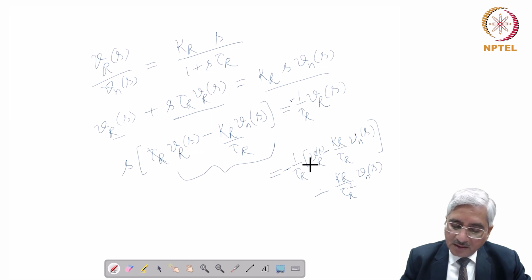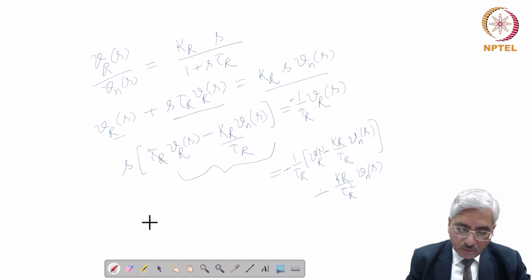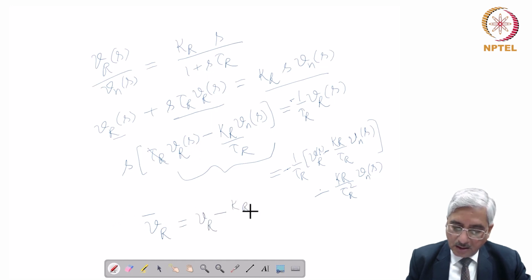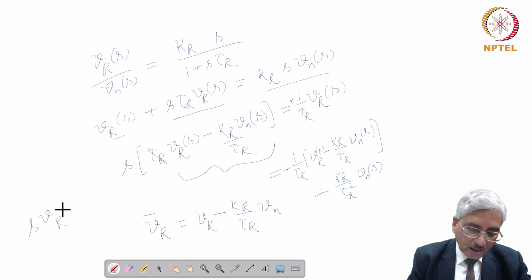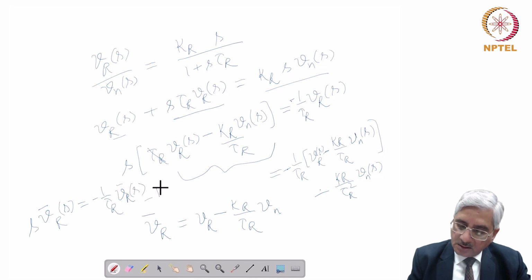And we identify this term as state, so Vr bar is identified as Vr minus Kr by tau r into Vn. So this becomes S Vr bar(s) equal to minus 1 by tau r Vr bar(s) minus Kr by tau r square Vn(s).